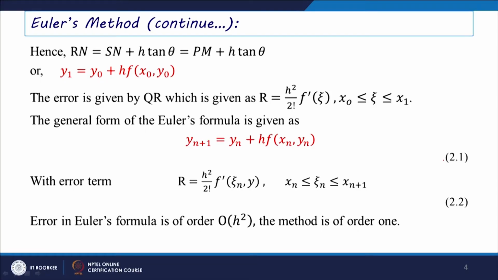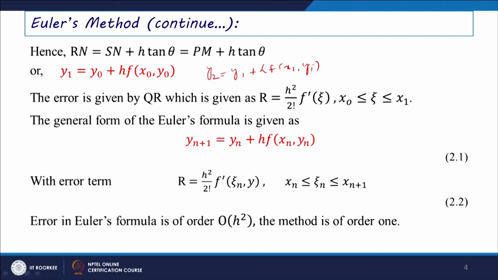That is why, if we consider these higher order terms, in the first step it is written in the form y0 plus h f of x0 and y0 here. And the second one, we can write as y2, this is nothing but y1 plus h f of x1 y1 here.